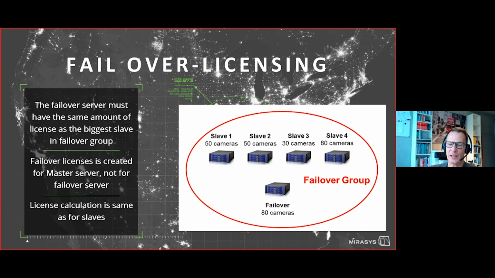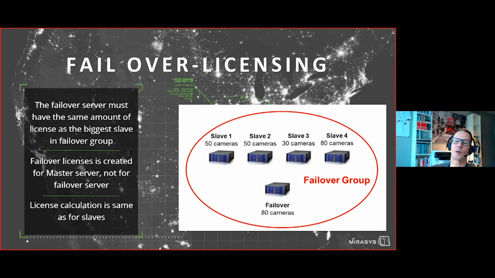If you have 2 failover servers here as well, it is the same way. If you have failover 1 and failover 2, it must have 80 cameras in failover 1 and 80 cameras as well in failover 2. So the license calculation is the same for the failover as for the slaves. I just need to mention that the failover licensing is done on the master server and not on the failover server.